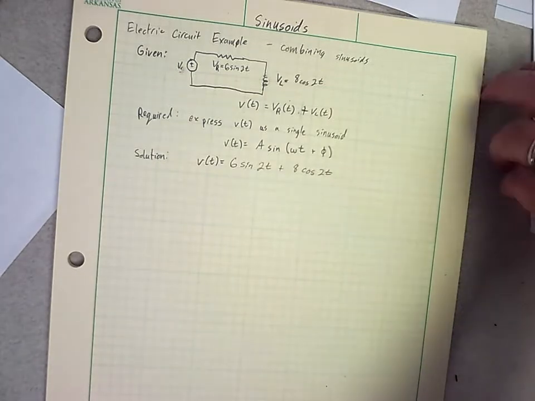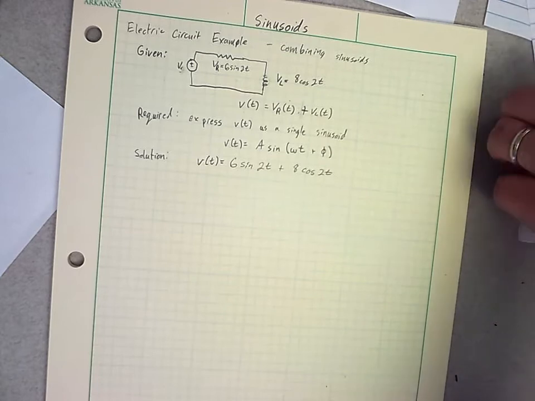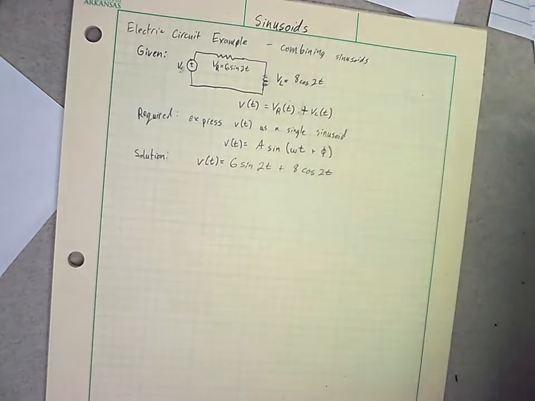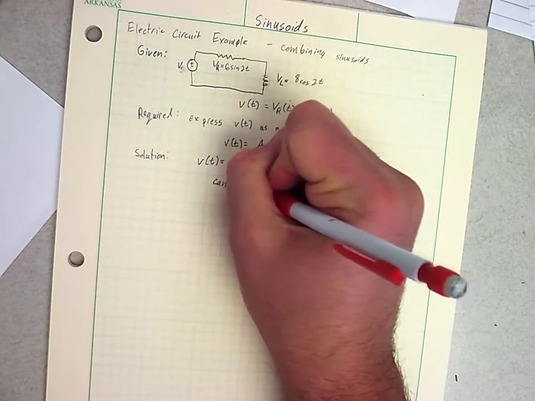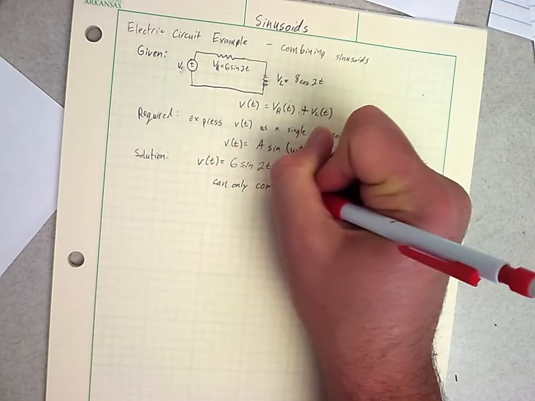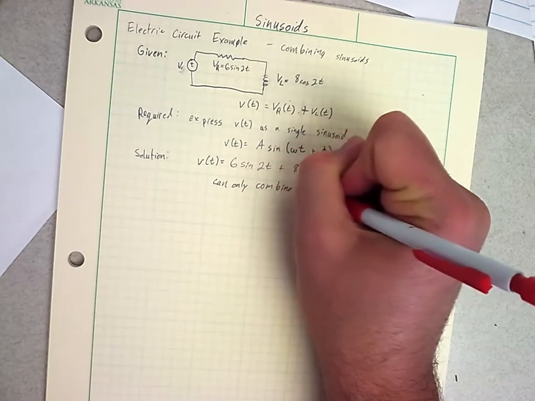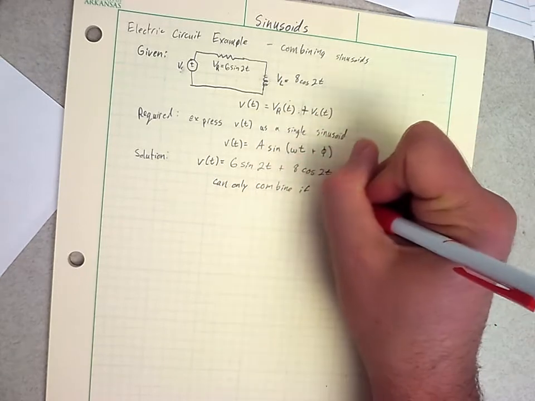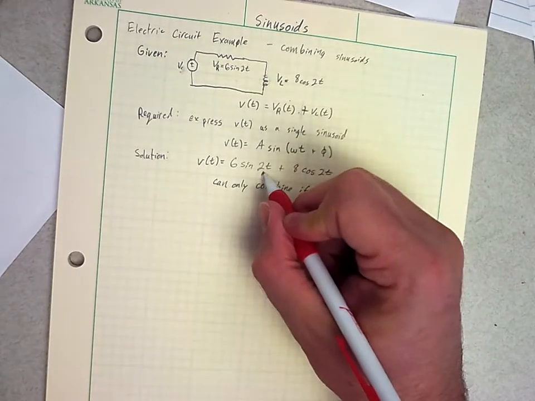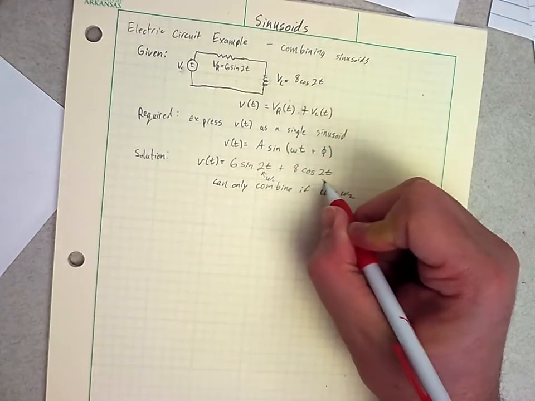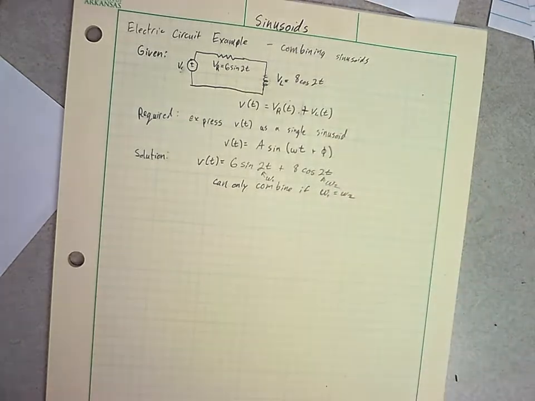Something that does help me out is I can only combine if omega 1 equals omega 2. In other words, that's omega 1, that's omega 2.